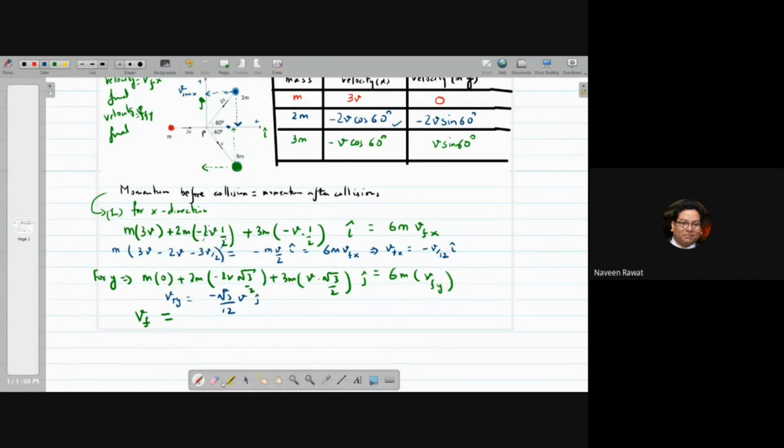So if I'm writing your value for v of f, which is the final velocity, it's a vector, so I will get it as minus v by 12 in the i direction, and minus root 3 by 12 in the j direction. So that is how you represent the final velocity of the three masses that are getting stuck to each other.